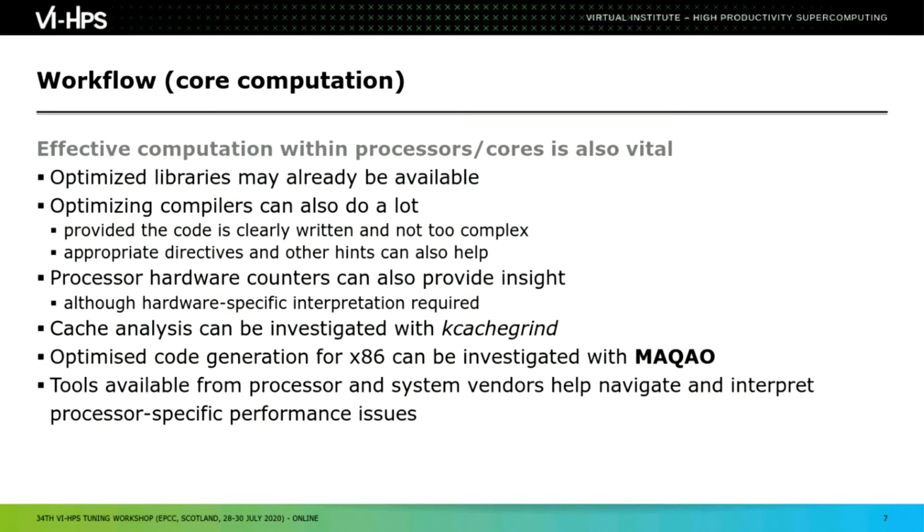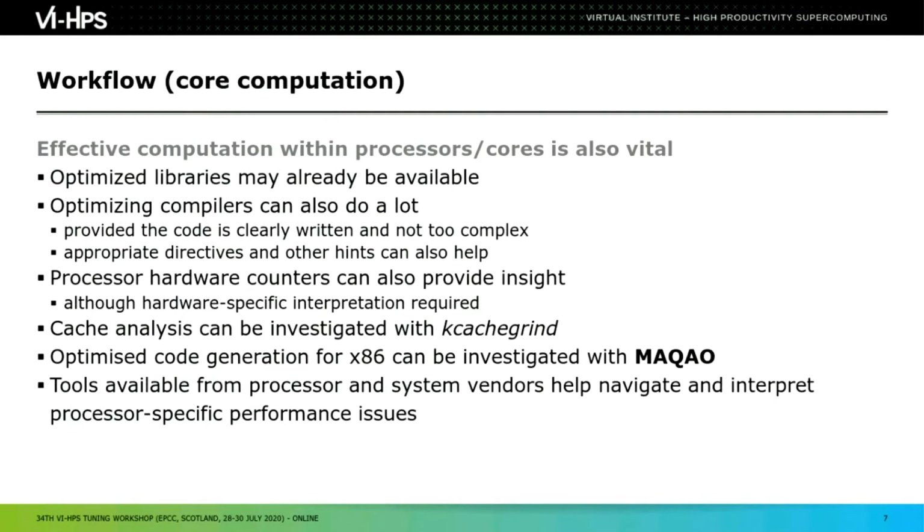And finally, of course, we want to make sure that computation is performed correctly. So we want to make sure that the application is using the correct version of the optimization library, that the compiler has correctly done its job.